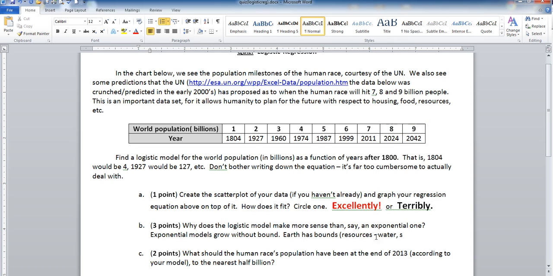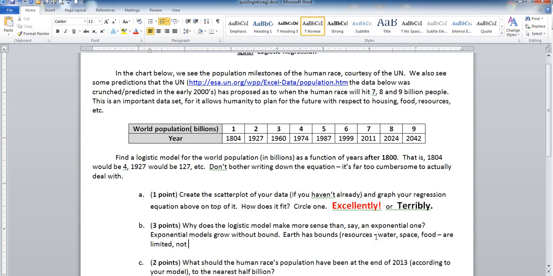Imagine if we could grow to be 1 trillion people. Well, 1 trillion people, we'd be competing for space on Earth. Water, space, food, all other kinds of things are limited, not boundless. So you need some kind of a carrying capacity model, which is what the logistic model actually does for us.